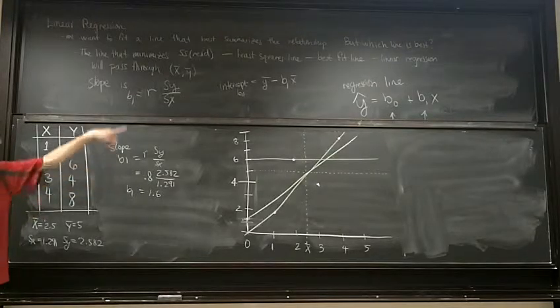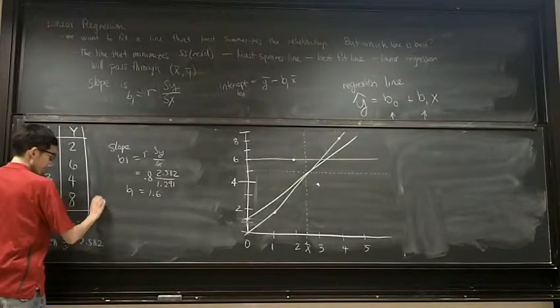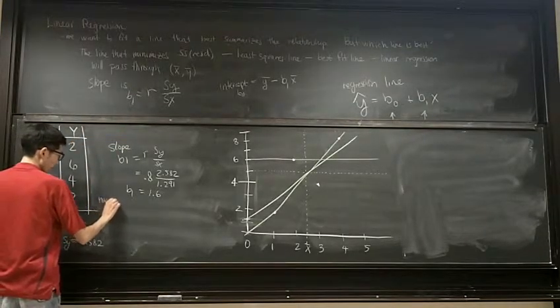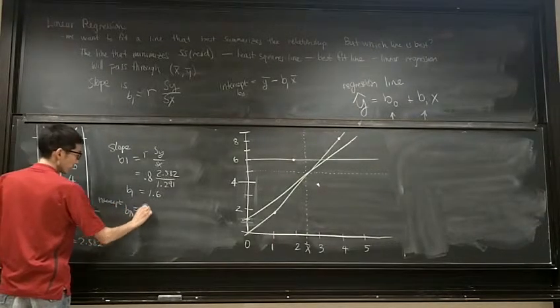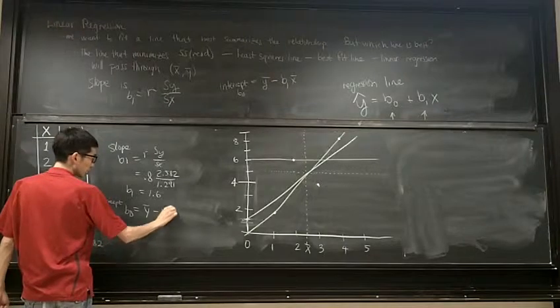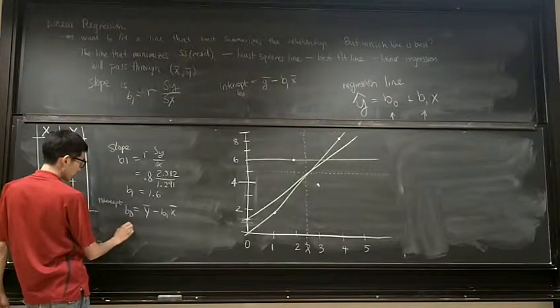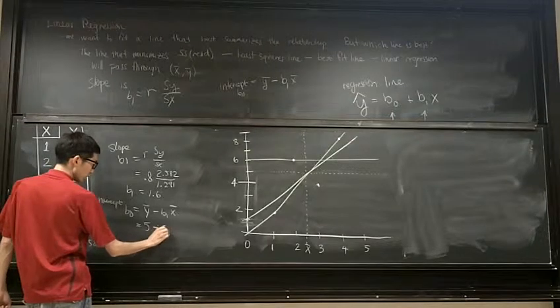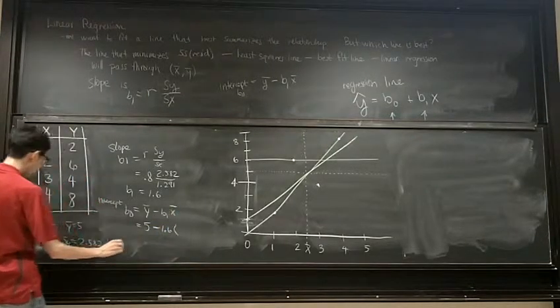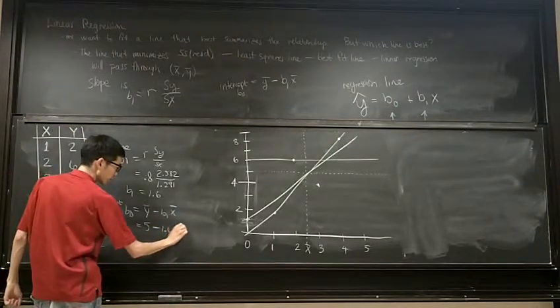And then plug this in to get my intercept. Intercept b0 is equal to y bar minus b1 x bar. So my intercept b0 is equal to 5 minus 1.6 times x bar, which was 2.5.